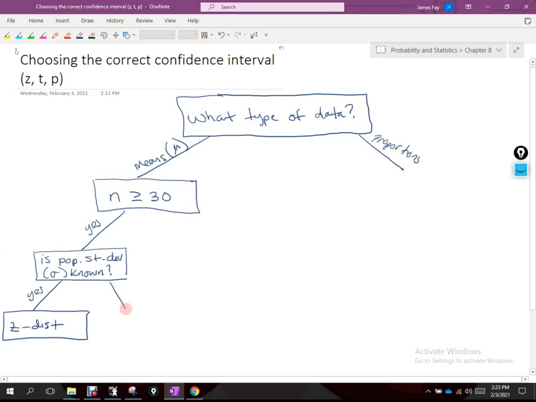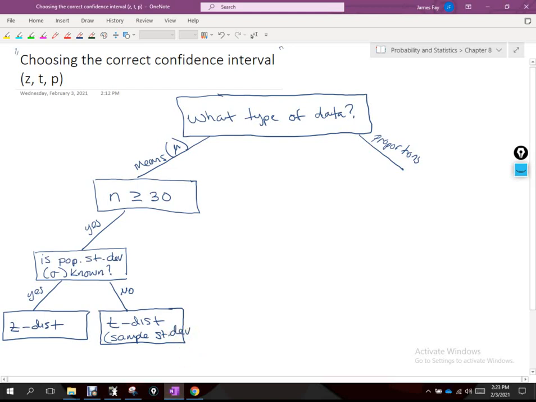If the answer to that was no, okay, if the answer to that is no, we're going to use the t-distribution. Okay, and if I'm going to use the t-distribution, that means I must be able to find the sample standard deviation.